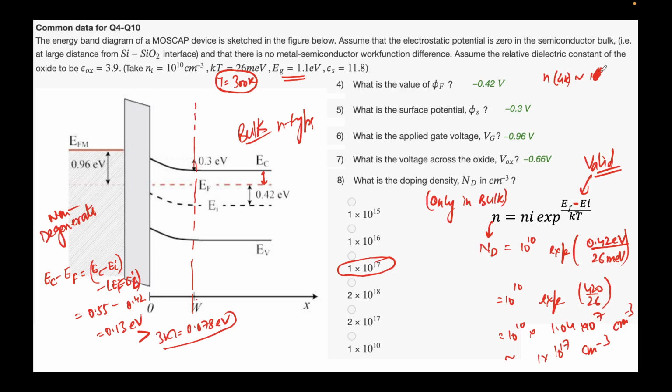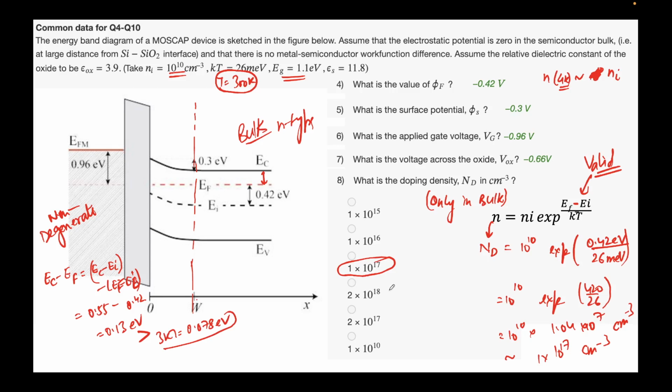So what I'm trying to say is that since we are talking at room temperature, if you just hold on a second, what I mean is something like this. If you recall, on the y-axis we have the electron concentration n, and on the x-axis we have the temperature. The concentration is in log scale.